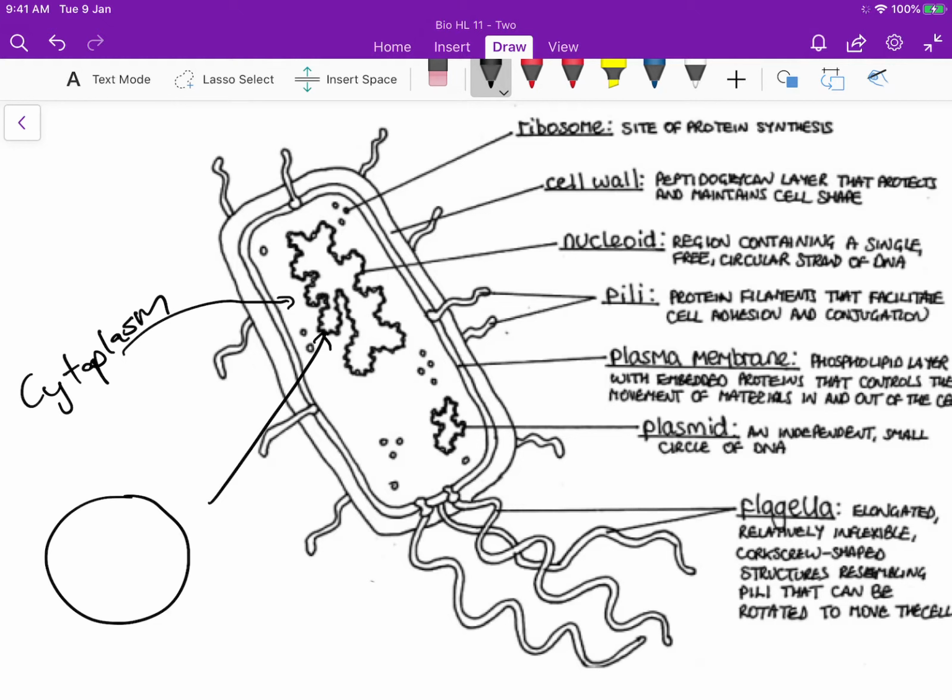And so this is in the cytoplasm, but sometimes we can call it the nucleoid region. So it's the nucleoid region, and that's where they have their DNA. And then over here we can see we've got the plasmid, usually drawn more circular, another small circle of DNA.